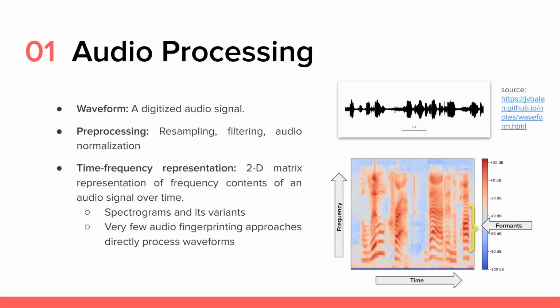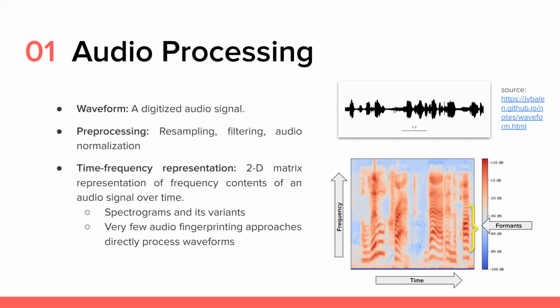There's also a possibility of doing pre-processing once you have this waveform. In pre-processing, you can do resampling. Suppose you have a very high sampling rate audio, then you can resample it to 8 kilohertz or 16 kilohertz, depending on how you are going to implement this audio fingerprinting system. And then you can also do audio normalization based on some RMS value, or volume normalization.